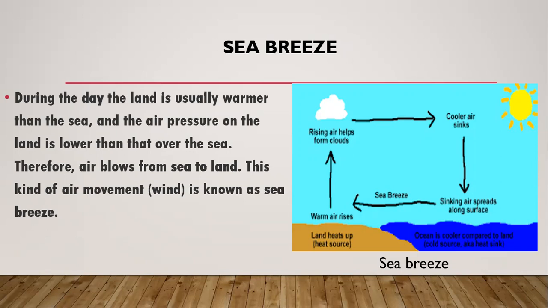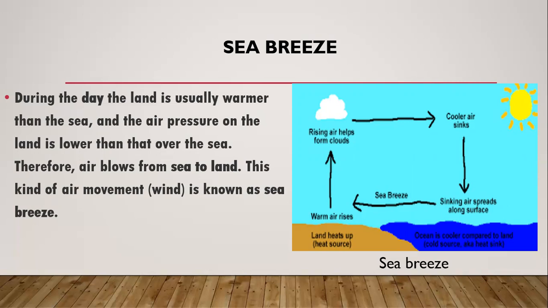This kind of air movement, or wind, that is from the sea to the land is what is called the sea breeze. As you can see in the diagram that illustrates the sea breeze, the winds blow from the sea to the land, since during the day the land is usually warmer than the sea.